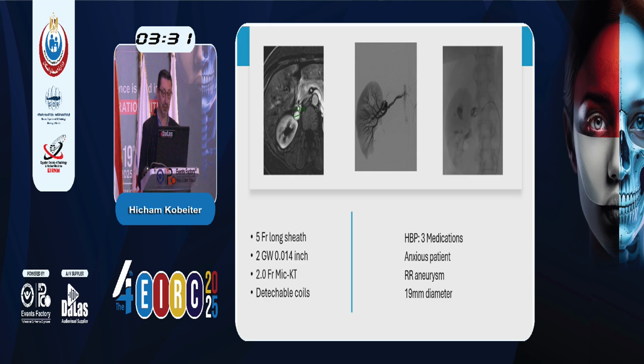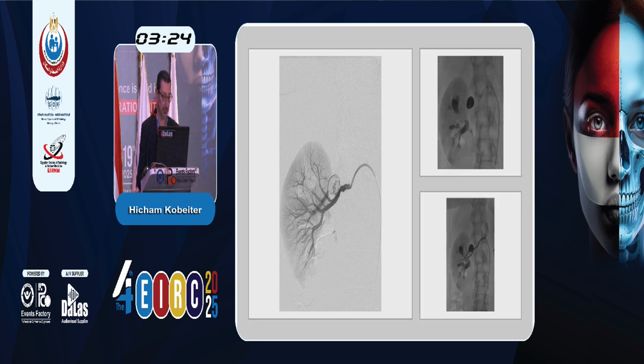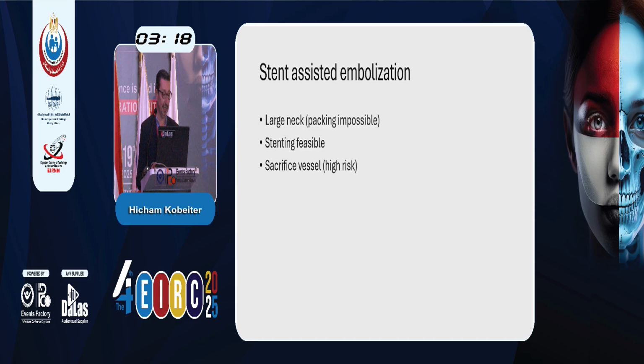We put in two guidewires, went into the aneurysm, and packed coils. During follow-up, the aneurysm is totally excluded, and here we have the control angiogram with the excluded aneurysm.